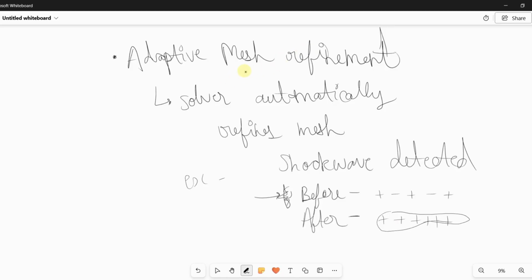So technically, when your solver automatically refines the mesh in order to adapt to the behavior of the fluid, or it spots a condition such that it accounts for a better mesh to capture those details, that is your adaptive mesh refinement.